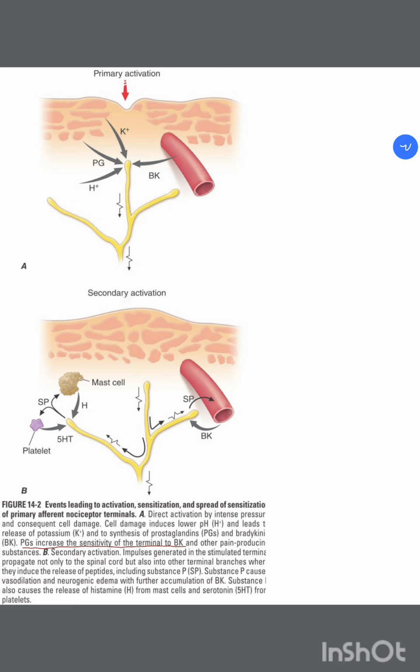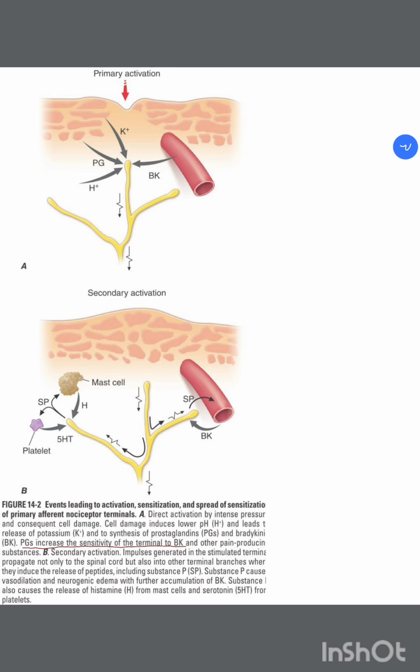But in secondary activation, after that signal has gone, this activation leads to activation of the neighboring nerve terminals. With the help of substance P, there is dilatation of the blood vessels, increasing its permeability, releasing bradykinin. Also, this substance P degranulates the mast cells, releasing histamine, releases serotonin from the platelets, and hence ultimately leads to inflammation.